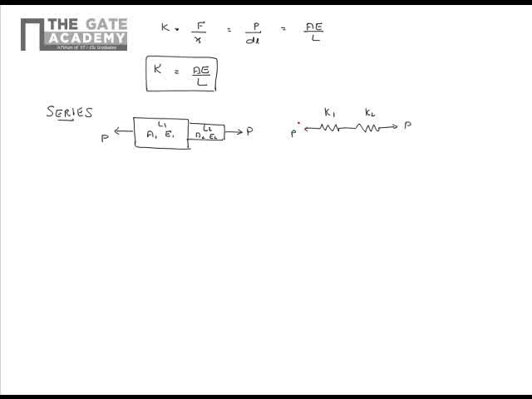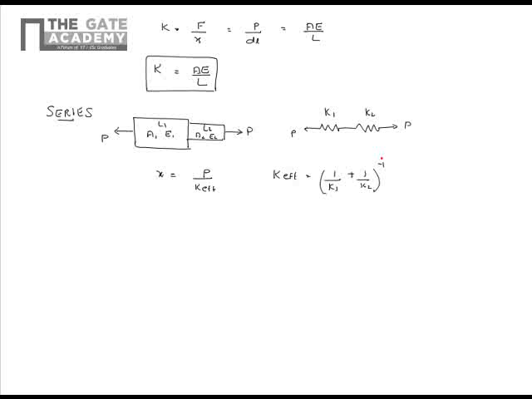In this case, what will be the elongation? Elongation is given by P by K effective. And we know that for springs in series, K effective is given by 1 by K1 plus 1 by K2, the whole inverse.